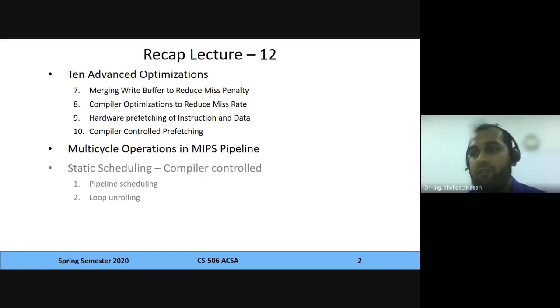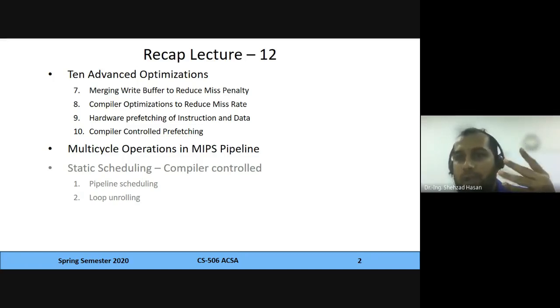But if you merge, then for example, if you have got four entries in your write buffer and you want to write four different words, and they all occupy a different entry, then for the fifth entry you have to wait, right?